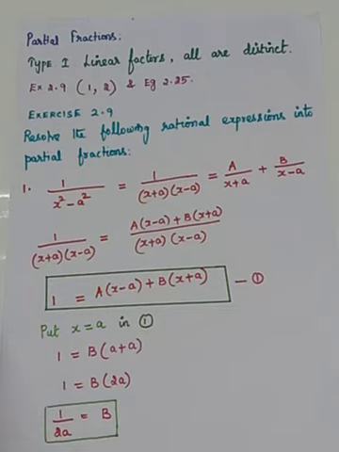That is, it is a proper fraction, so we can go to the partial fraction. You have to check the degree of the numerator and the degree of the denominator. Numerator degree is less than the denominator degree, so we can go to partial fraction.